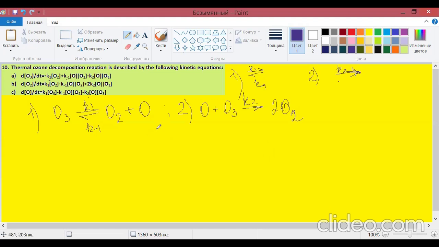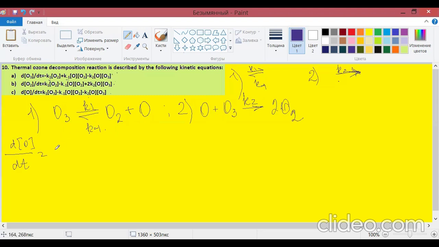And if you write kinetic equations for these three participants, you will see exactly these equations. Let's do that, for example, for atomic oxygen. Now we see that atomic oxygen participates in this stage and in this stage. But this stage is an equilibrium. For that reason, we will get two terms from this equation and one term from this equation.